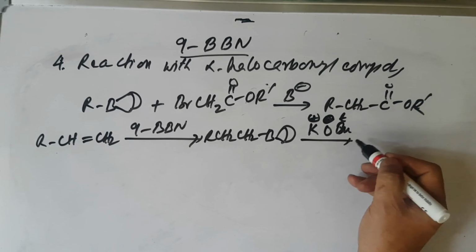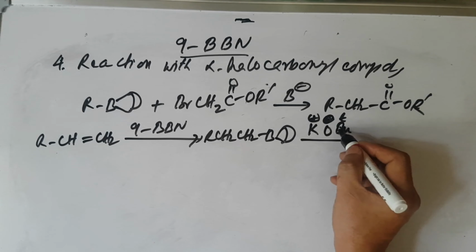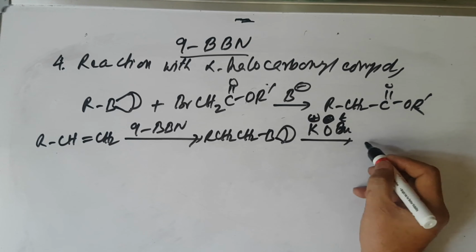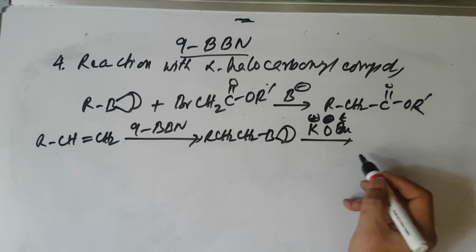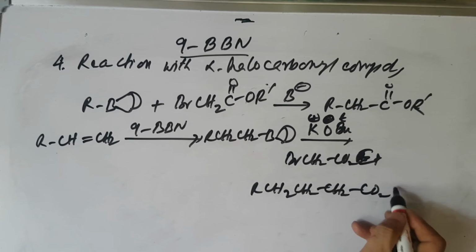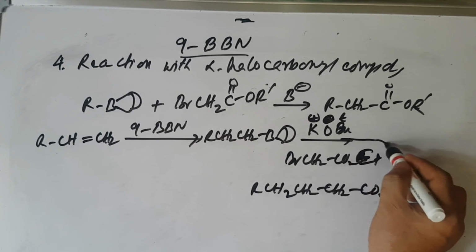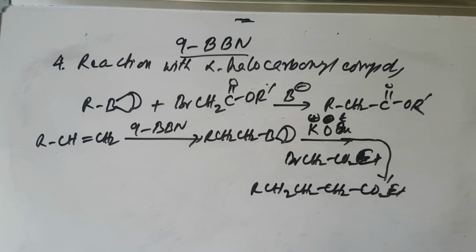So you get CH3 groups, and you can get this product. And it reacts with another compound, BrCH2CO2R prime, an ester. You can get the final product, which will be RCH2CH2CH2CO2R prime. So this one you can get. Okay, so one example I'm giving.